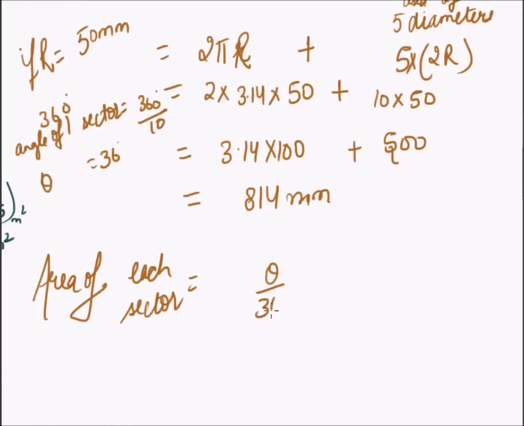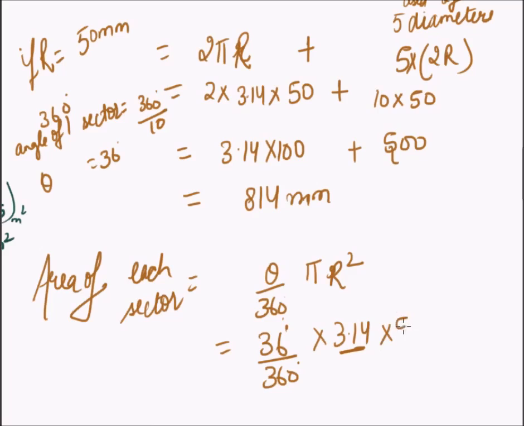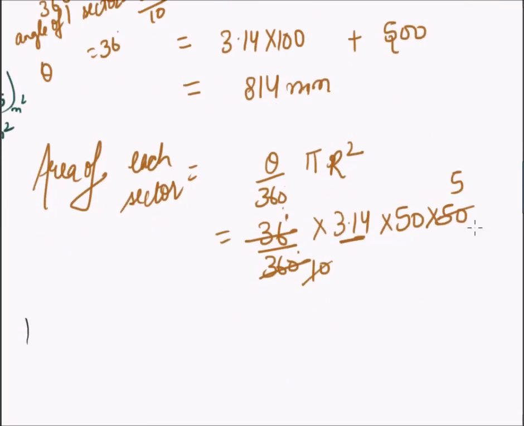So we have the area of each sector as theta by 360 degrees into pi r square, which will give us 36 over 360 degrees into 3.14, which is the given value of pi, and radius square, which is 50 into 50. 36 cancels 360 by 10, and here 10 cancels 50 by 5.